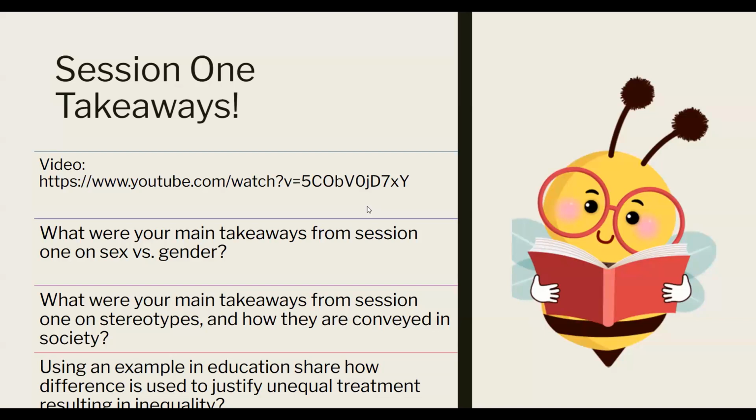So we'll be gender responsive, gender transformative, if we understand the very essence of the matter. This is how I understand. Thank you so much.